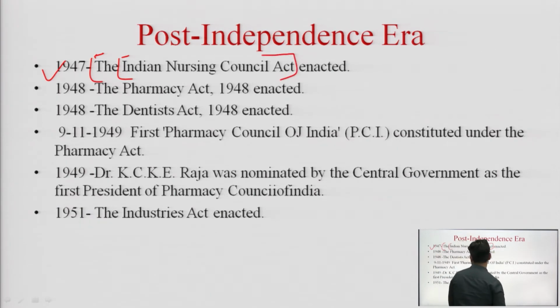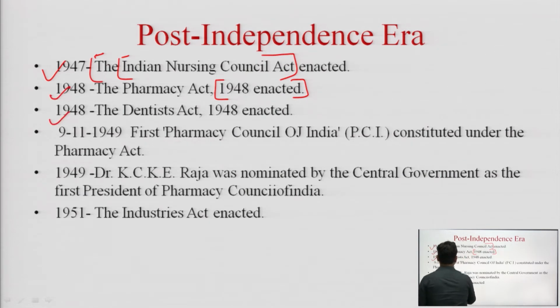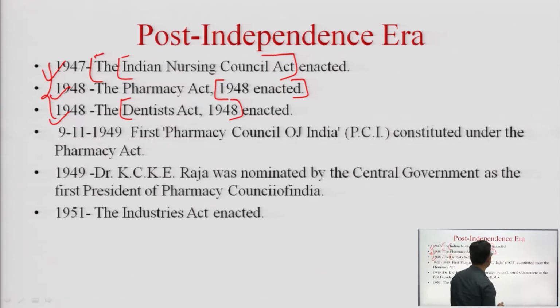In 1948, the Pharmacy Act 1948 was enacted. In 1948 itself, the Dentists Act 1948 was enacted. So in 1947 to 1948, three laws related to nursing, pharmacy and dentistry were introduced.